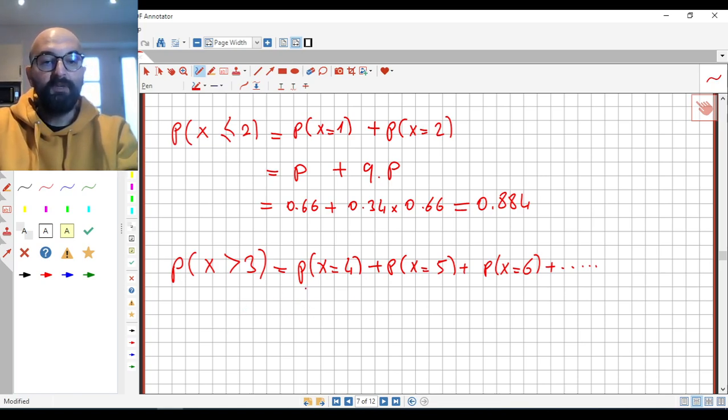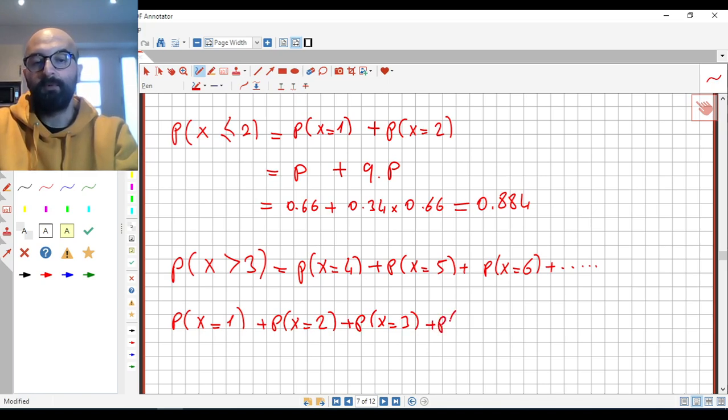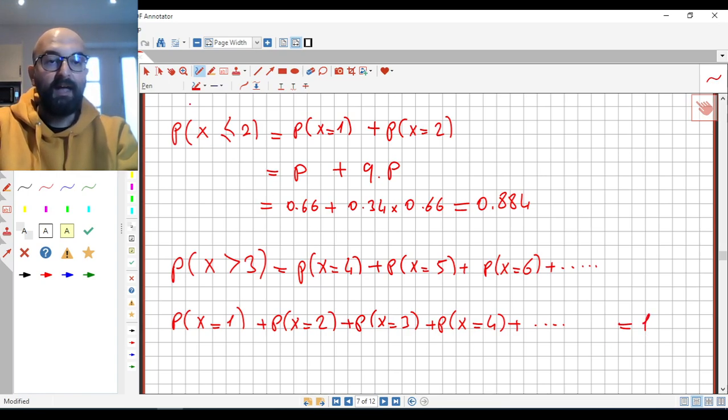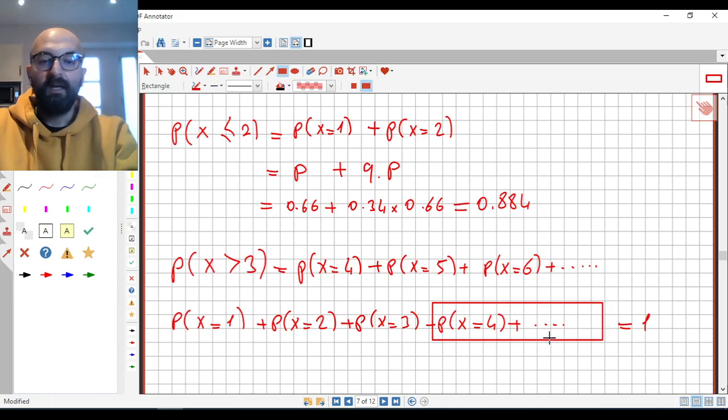So we can say the probability of getting success in the first trial, plus the probability of getting success in the second trial, plus the probability of getting success in the third trial, plus the probability of getting success in the fourth trial, and so on, has to equal 1.